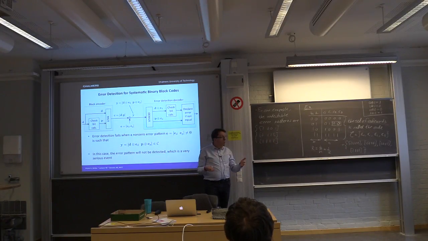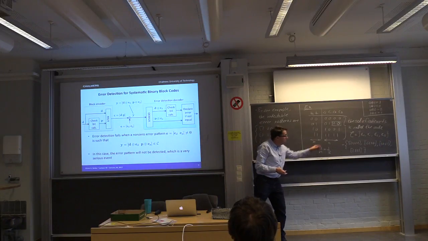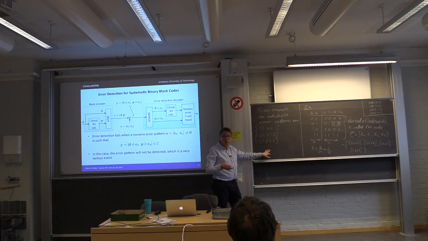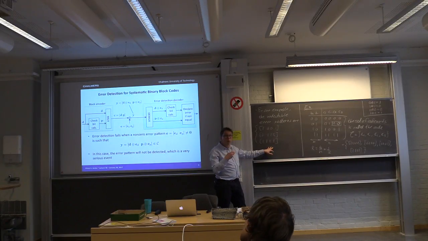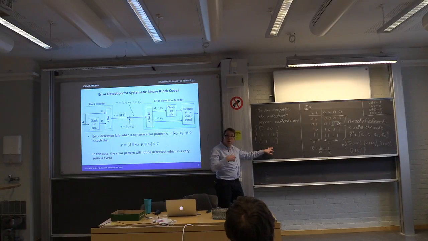So what one would do, ideally, when constructing codes here, is to make sure that these error patterns are as few as possible, but even more important, that they occur with the smallest probability possible. One can almost understand that we would like to make sure these error patterns have a lot of ones in them, because to have a lot of errors in a row is quite unlikely compared to having just one error, for instance.